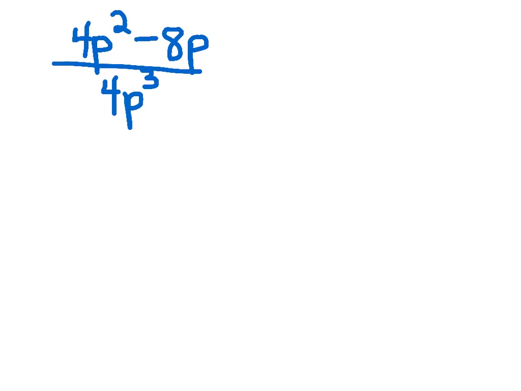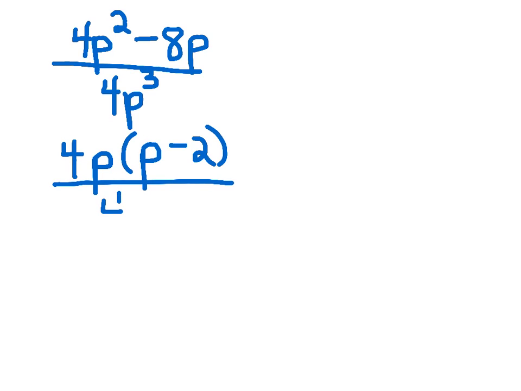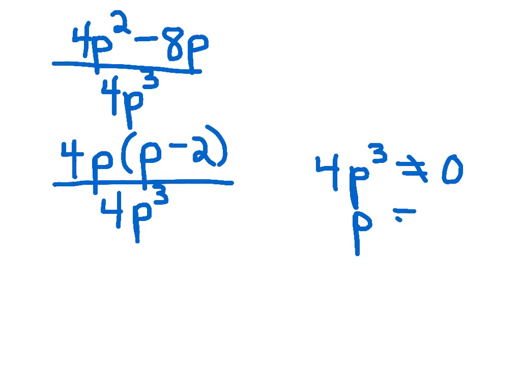Well, we know that we need to factor first. So that's 4p times p minus 2, and this is over 4p to the third. So now over to the side I say 4p to the third cannot equal 0. And this one you kind of have to do intuitively. That means the thing that would make this whole thing 0 is if p were 0. So p cannot equal 0.